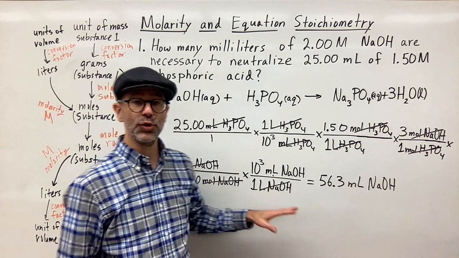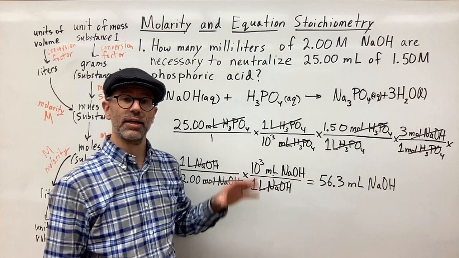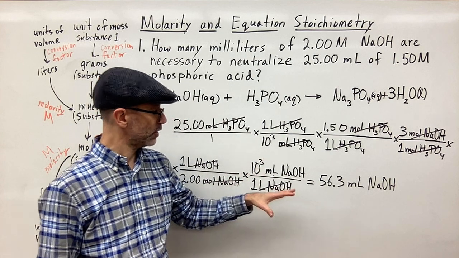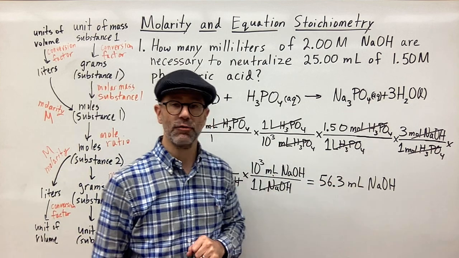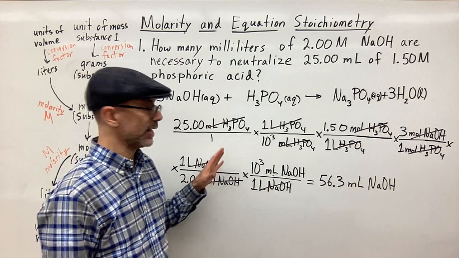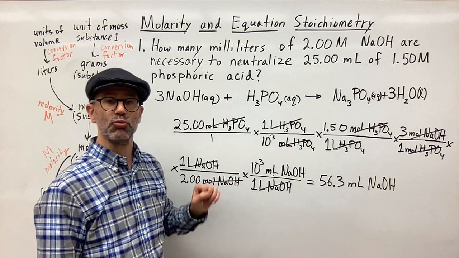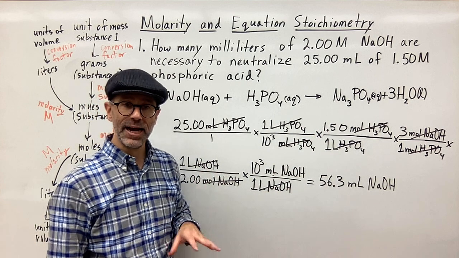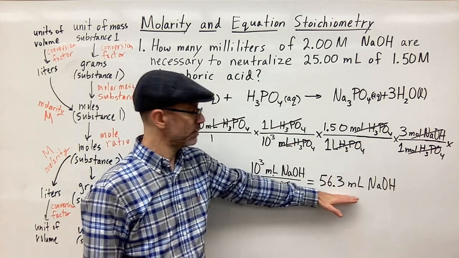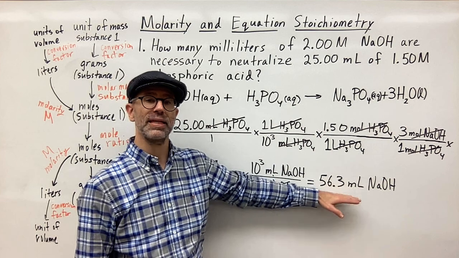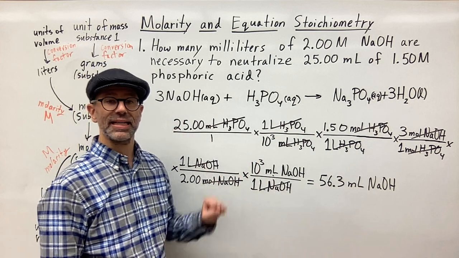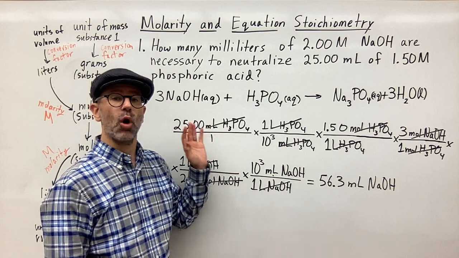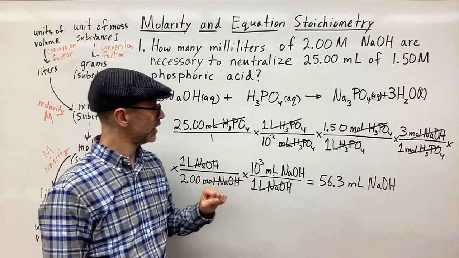Now, for those of you who are interested in the significant figures, you might be wondering why I have 3 sig figs here for my answer, and that goes back to the sig figs here. So remember, the rule when you're multiplying and dividing is that the number of sig figs in your answer should be the same as the measurement with the least number of sig figs. You always ignore the exact relationships.